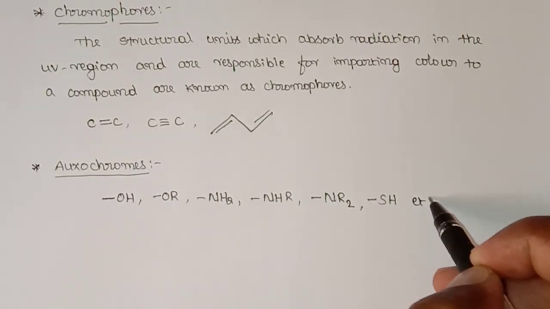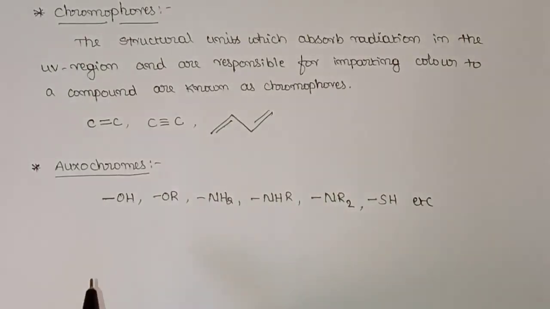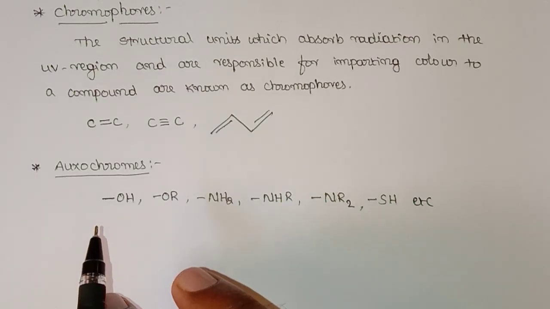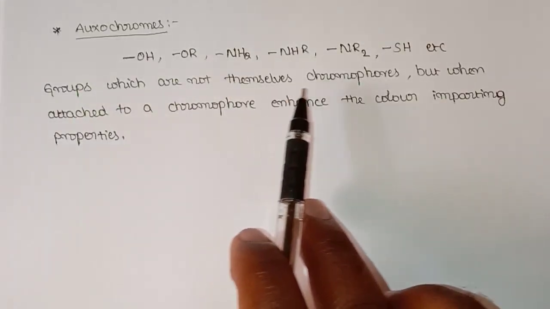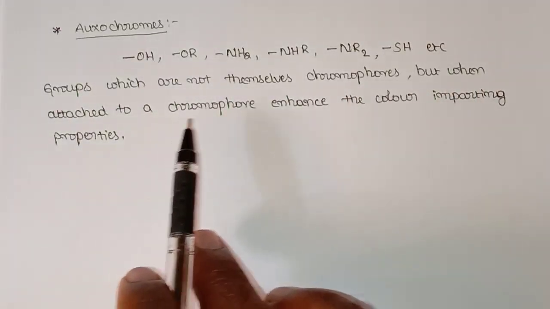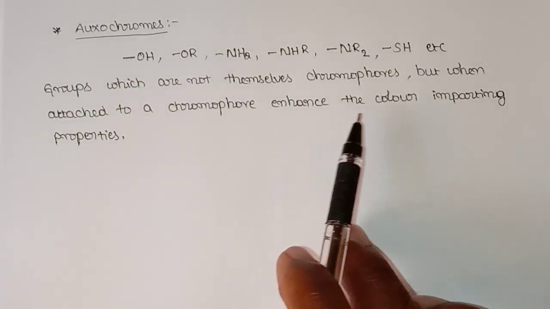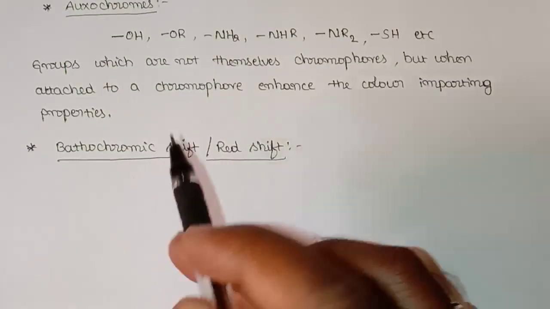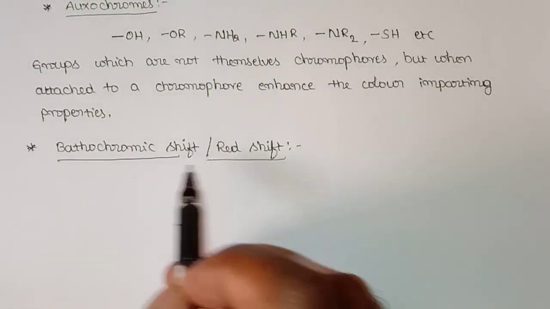All the functional groups will come under the category of auxochromes. So the simplest definition we can give for an auxochrome is the groups which are not themselves chromophores, but when attached to a chromophore, enhance the color imparting properties of the chromophore.